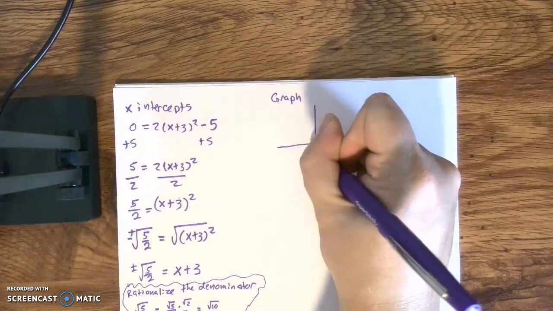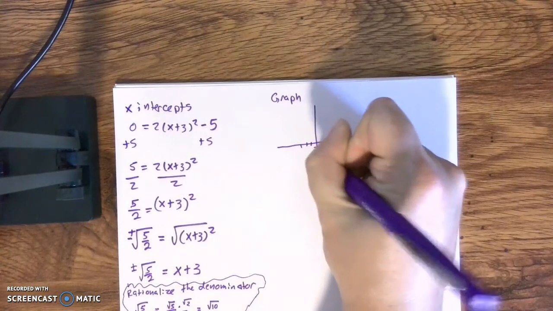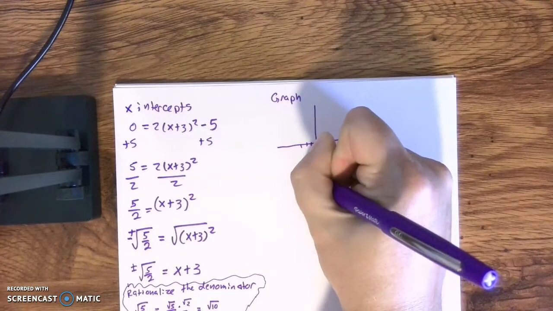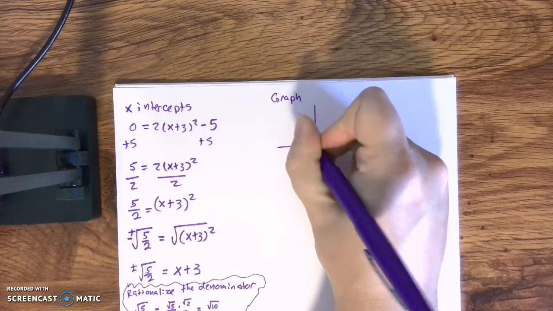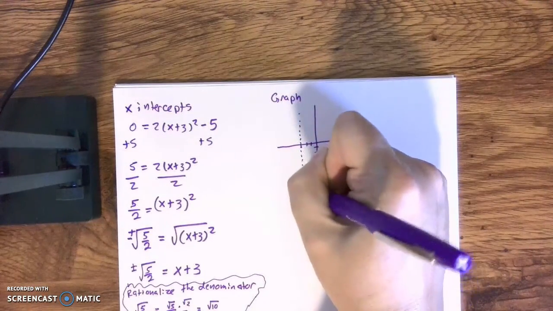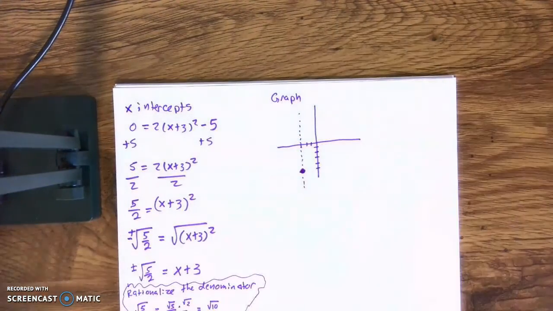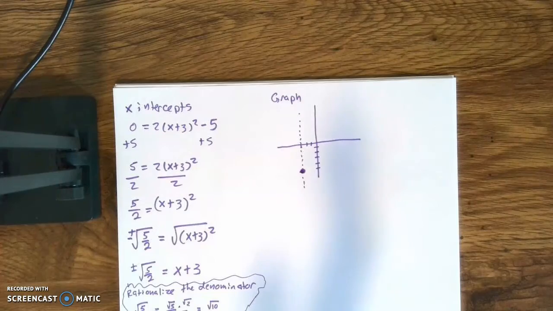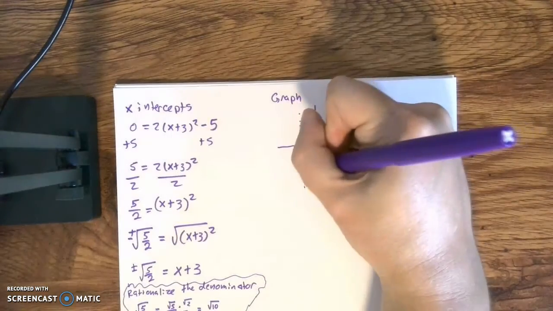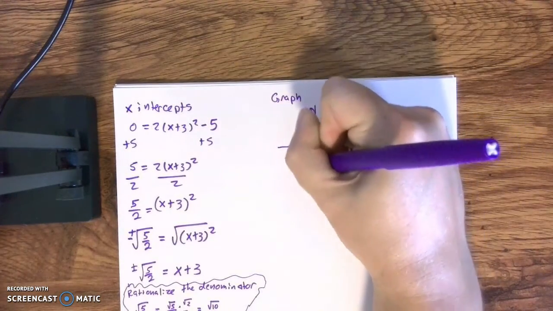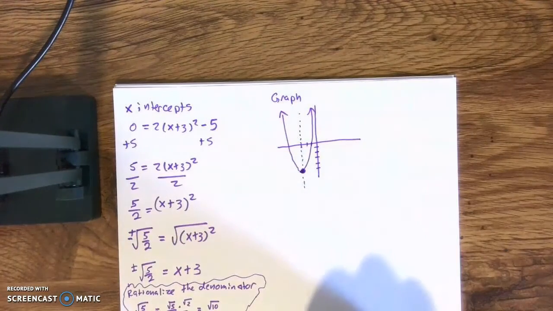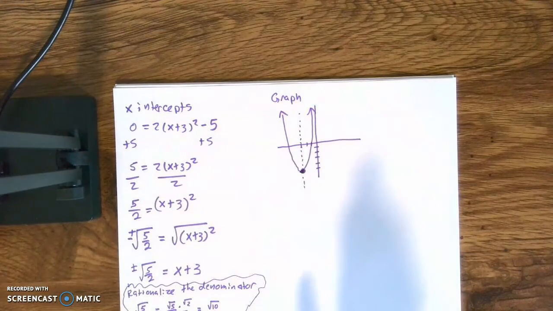So the vertex was at -3, -5. My axis of symmetry came down at -3. Now, I could get more technical on where these x-intercepts are going to be, but I'm just going to sketch. It's not going to be perfect, but it's enough of a graph that I can pick out which one it works with.